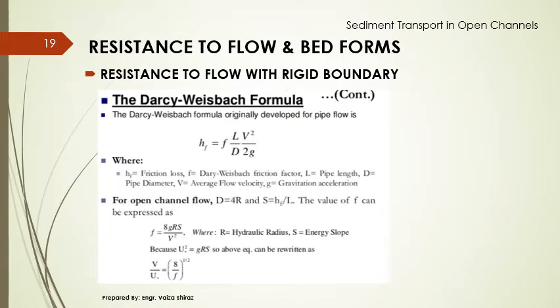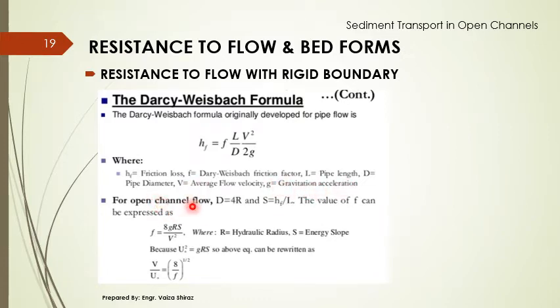Next is Darcy's formula. Darcy's formula was originally developed for pipe flow, and this is hf = f L V squared over 2gD. Over here, hf is the frictional loss, f is the Darcy's friction factor, L is the pipe length, D is the pipe diameter, V is the average flow velocity, and g is the gravitational acceleration.